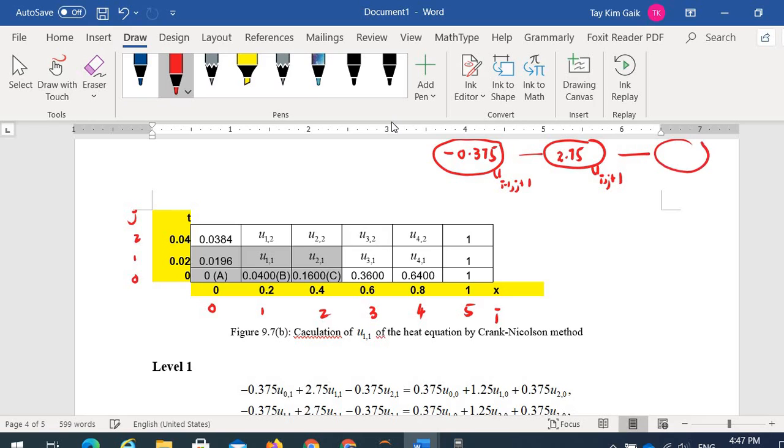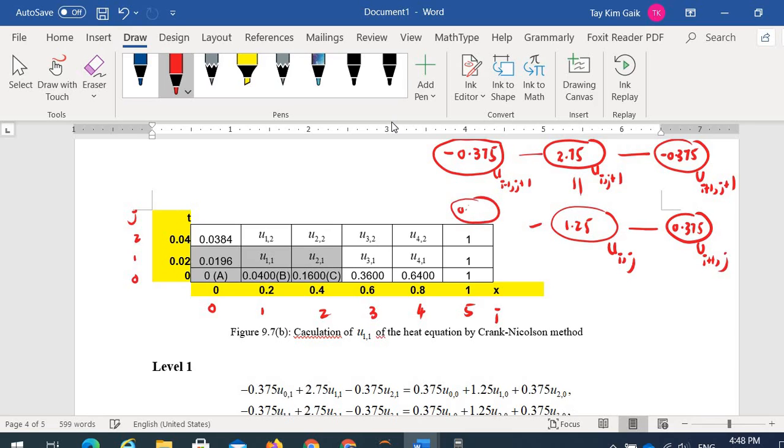This one is negative 0.375, this is u i plus 1 j plus 1, equal to 2 minus 2r, where you get 1.25 u i j. Left positive 0.375 u i plus 1 j, and left here 0.375 u i minus 1 j.